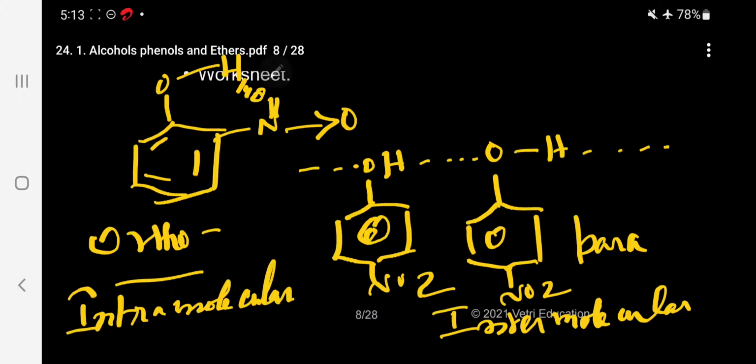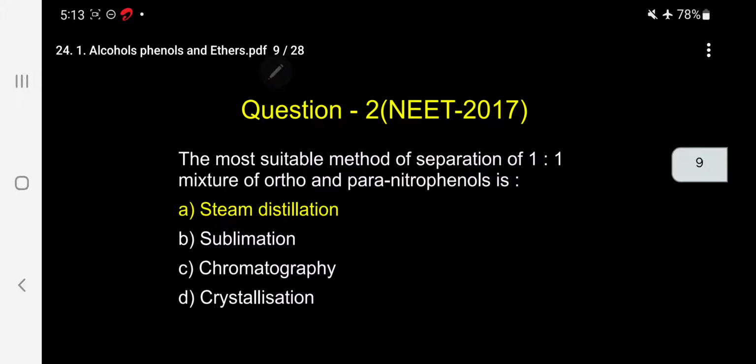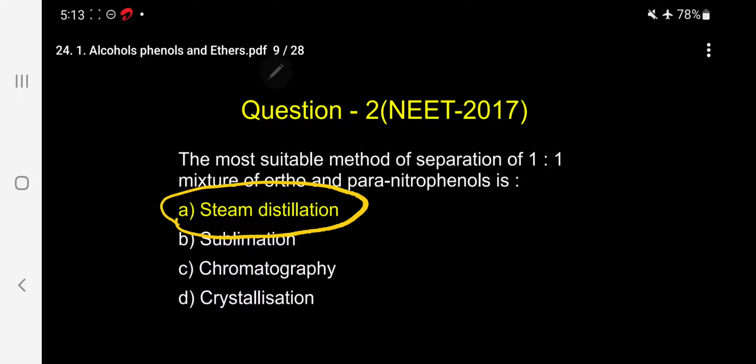So based on this condition, steam distillation is the suitable method. The answer is steam distillation is the method we can apply to separate ortho and para-nitrophenol. I hope it's clear. Next question.